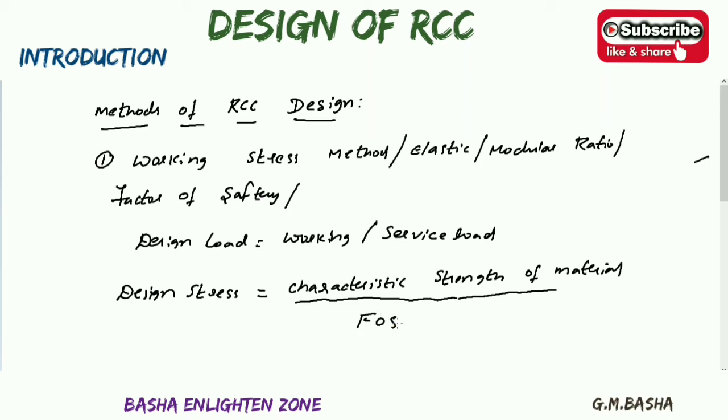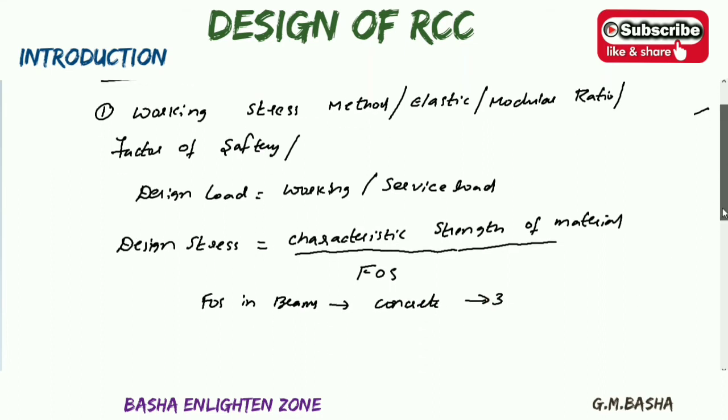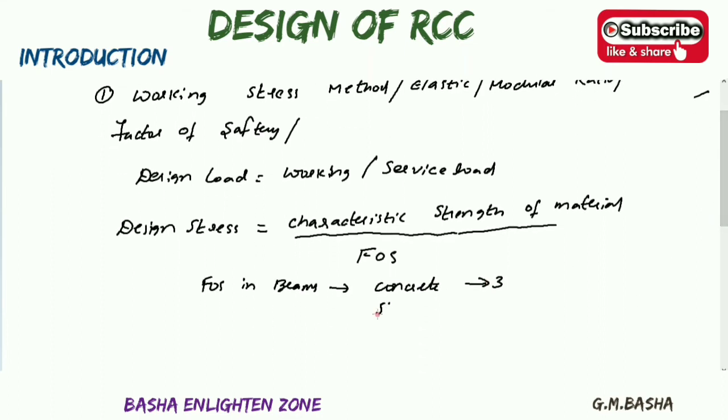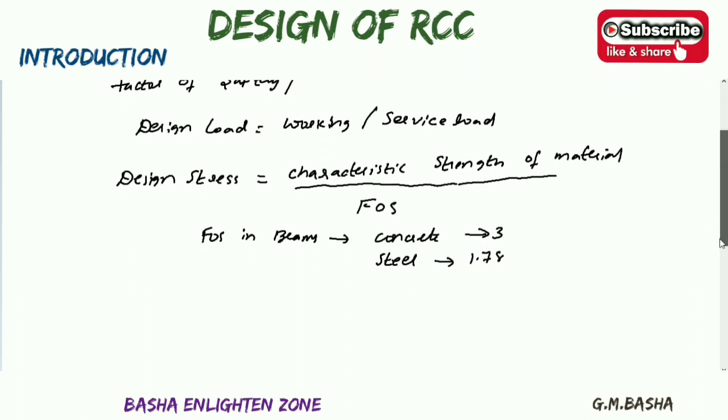The factor of safety in beams in the working stress method for concrete is 3, and for steel it is 1.78. These are the important things to remember for the working stress method.